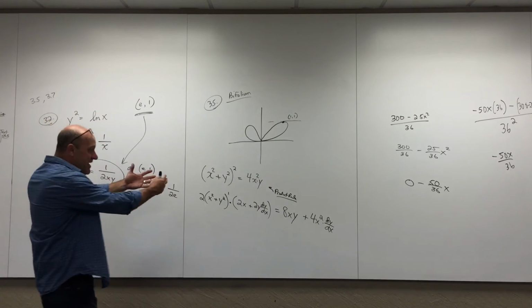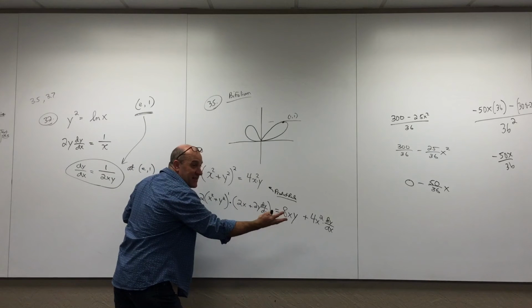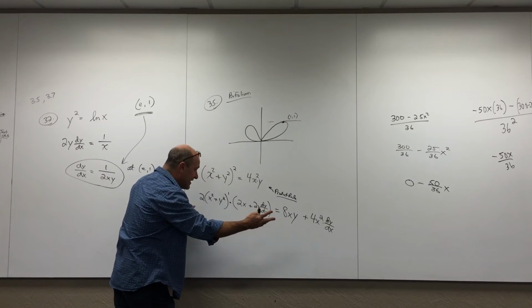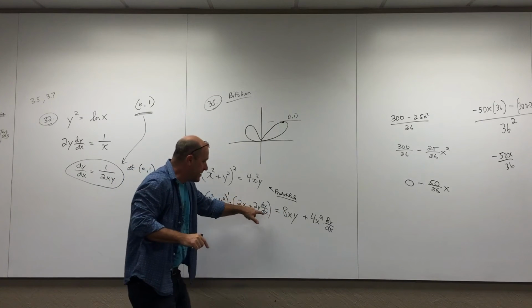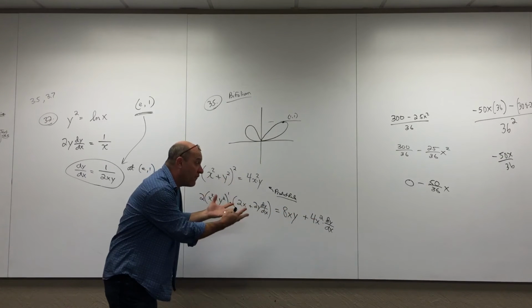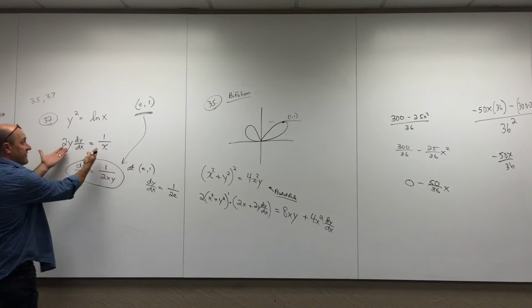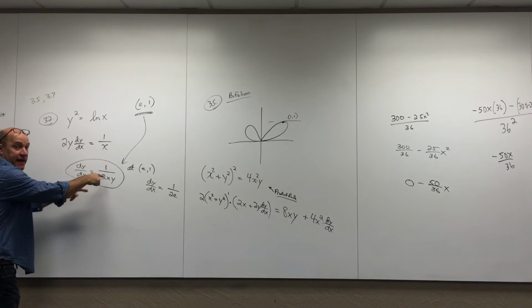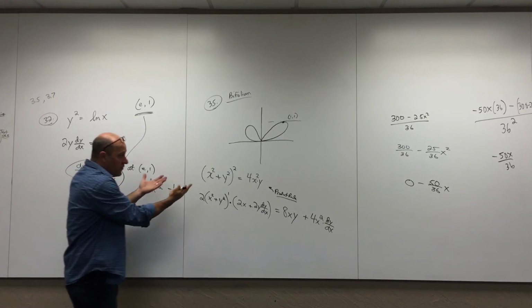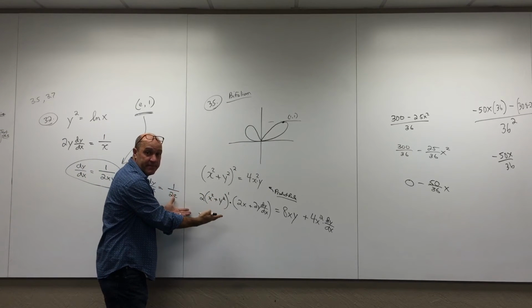I have myself a big, nasty, implicit derivative. I mean, actually, where's my derivative? It's buried in here. And to tell you the truth, solving for it, like we've been doing, you have to solve for dy/dx and get it by itself. Solving for it would really kind of suck on this problem.